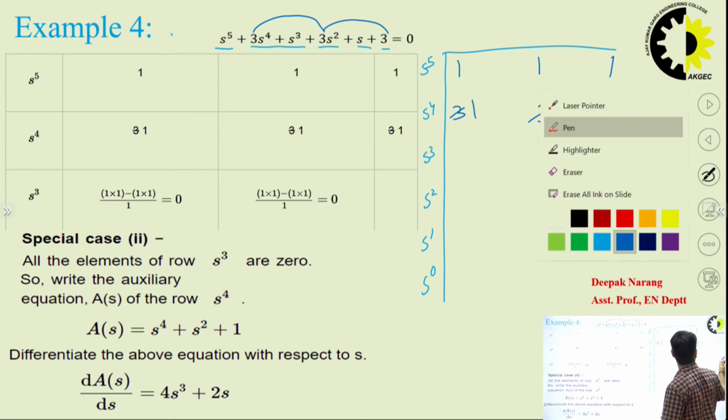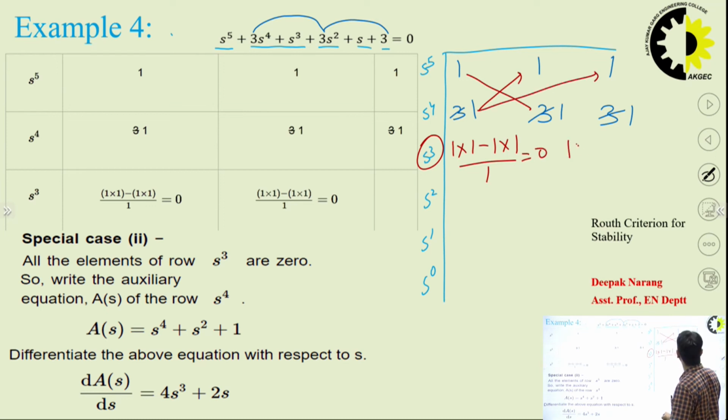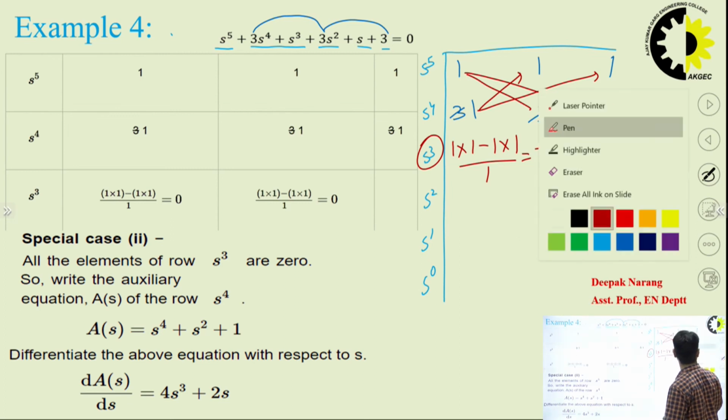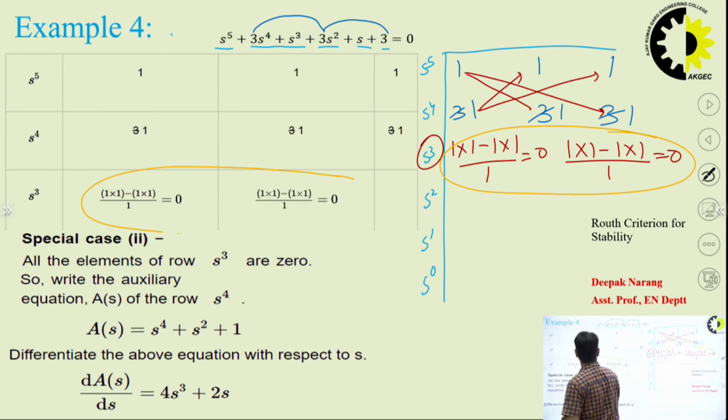Now, if we find the coefficient of this row, 1 into 1 minus 1 into 1 divided by 1, this is coming out 0. 1 into 1 minus 1 into 1 divided by 1, again 0. So what we are observing is that our complete row has become 0.